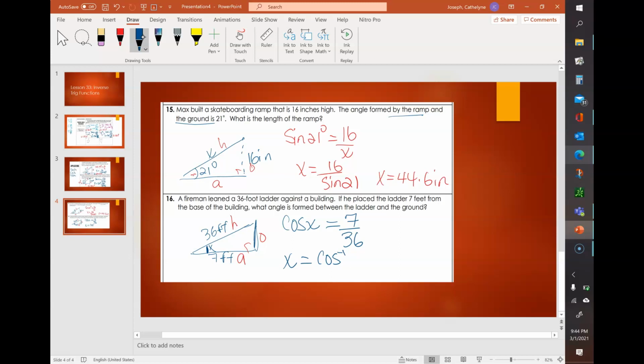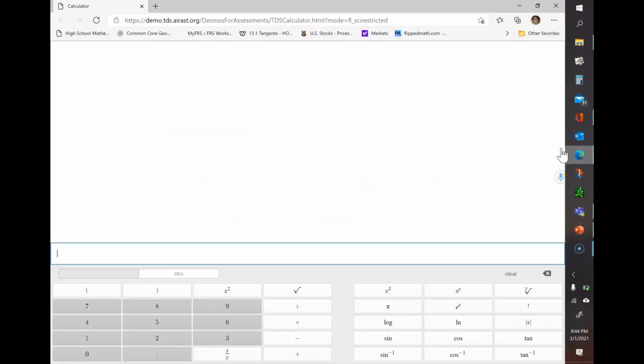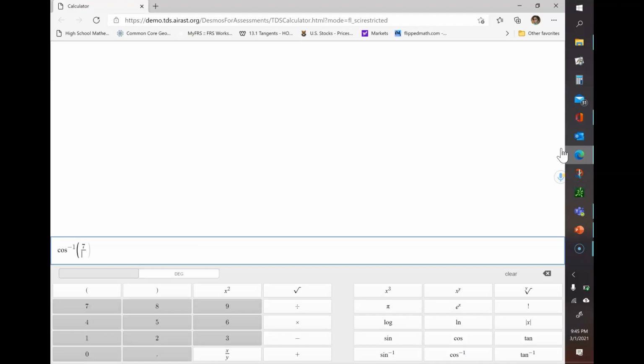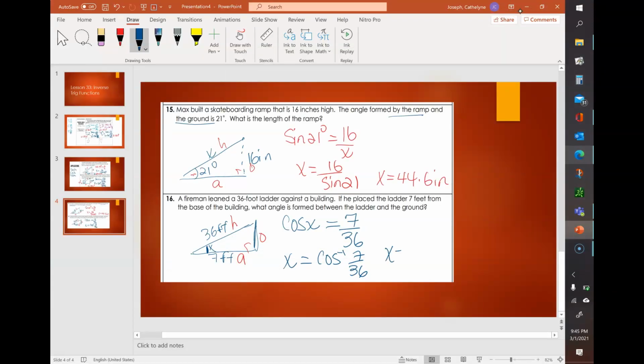Again, we press the one with the little -1. 7 over 36. Inverse cosine of 7 over 36, and we get 78.8. So that will be the degree, about a 79 degree angle.